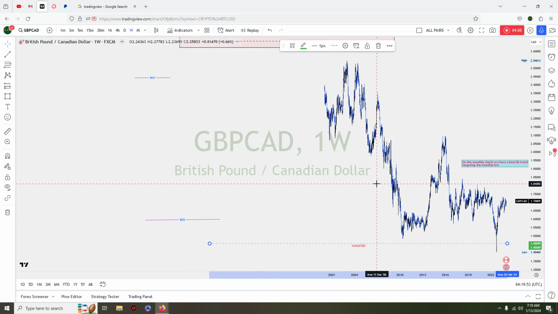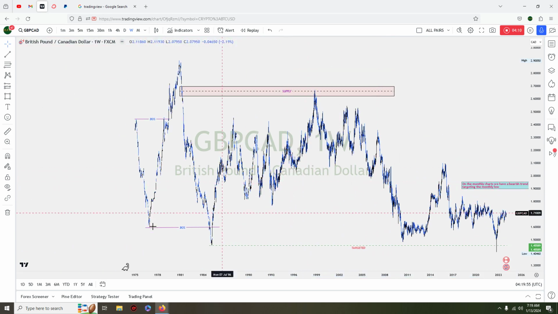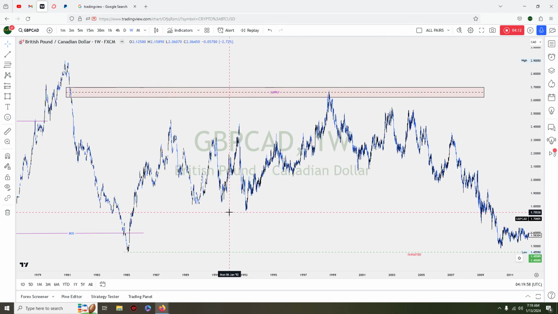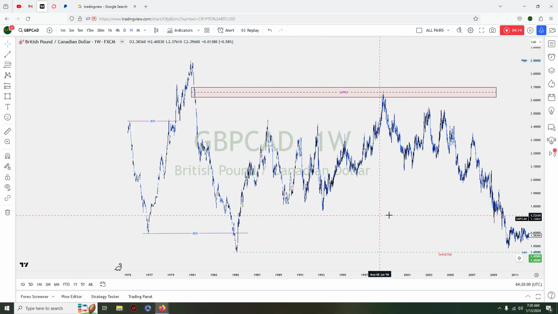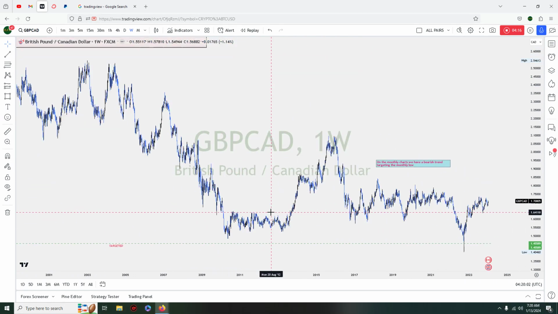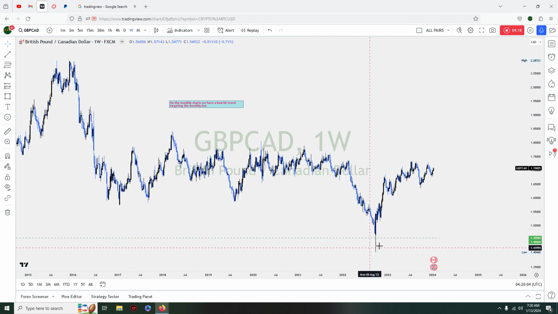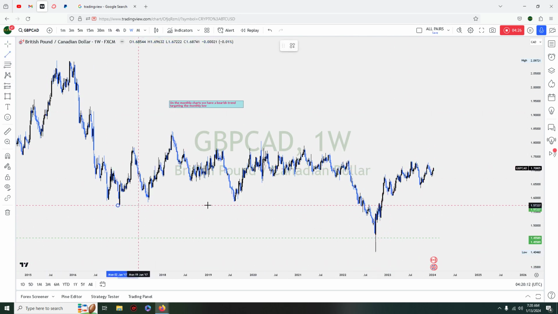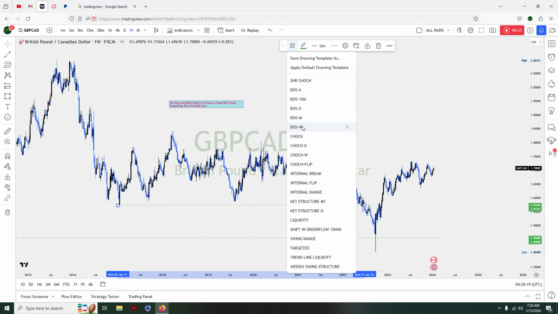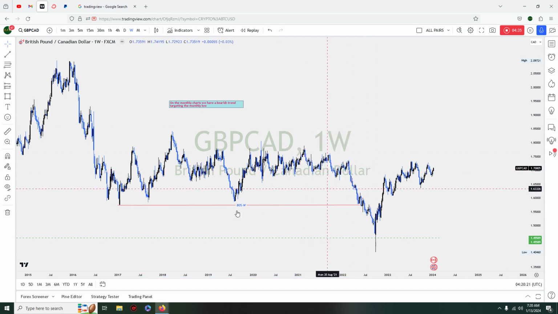So we go back to these charts, and we have noticed that this was a liquidity grab, not necessarily a break of structure. But if you look at this key level here, let me put it as a break of structure on the weekly.